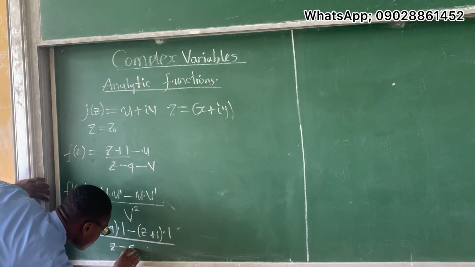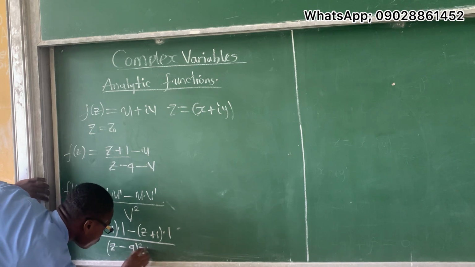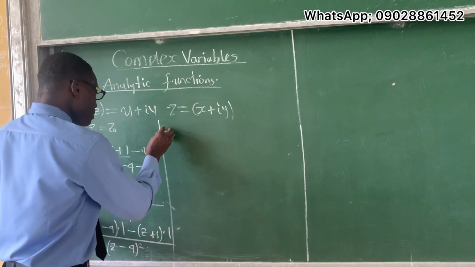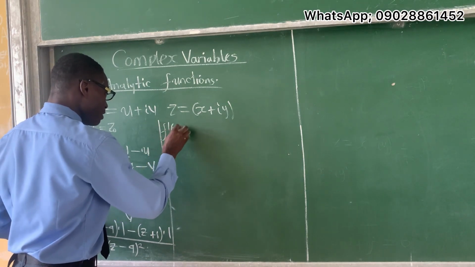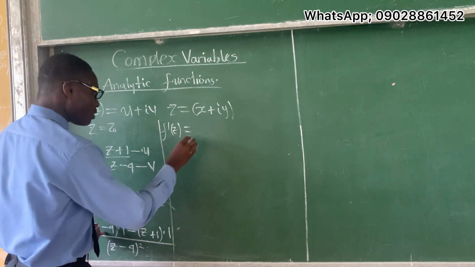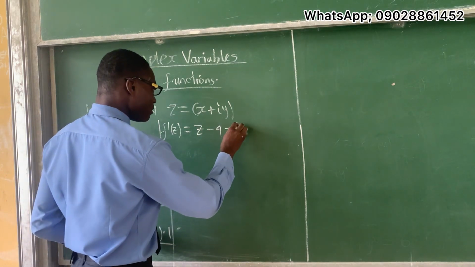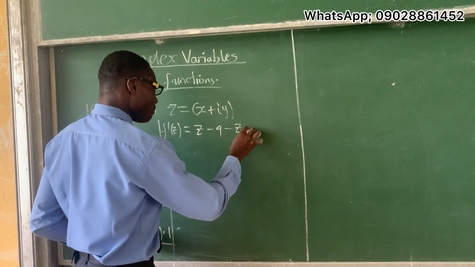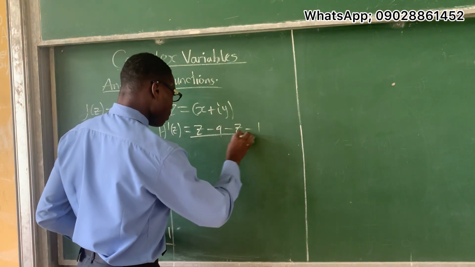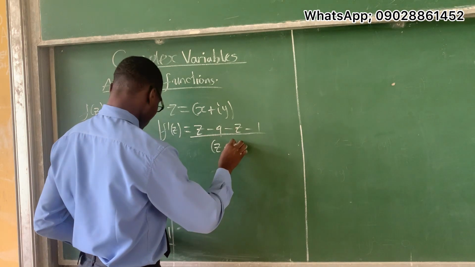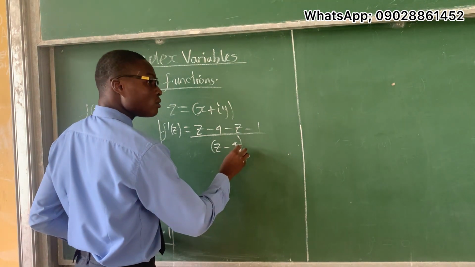So this means that f prime of z is equal to z minus 4 minus z minus 1 over z minus 4 squared.